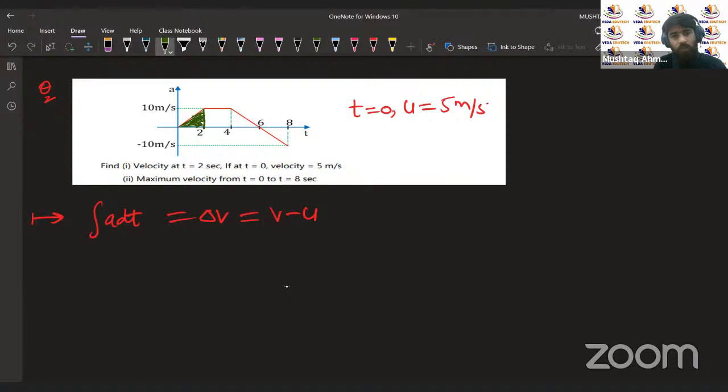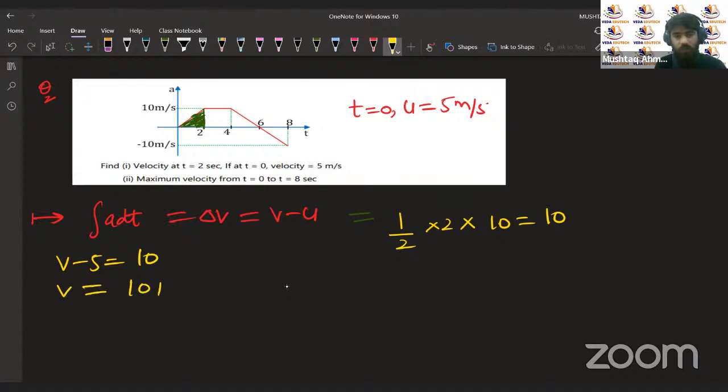This area will be half base into altitude, half into base 2, and the height is 10, so it is 10, right? Initial velocity is given as u, that's 5. So the change is 10, and v will be equal to 10 plus 5, that's equal to 15 meter per second, correct?